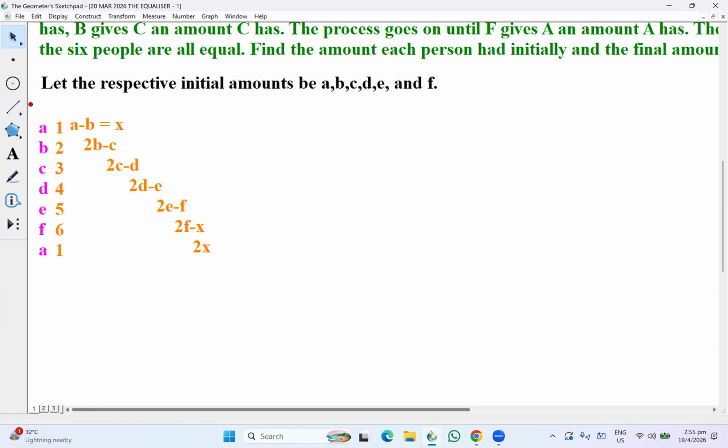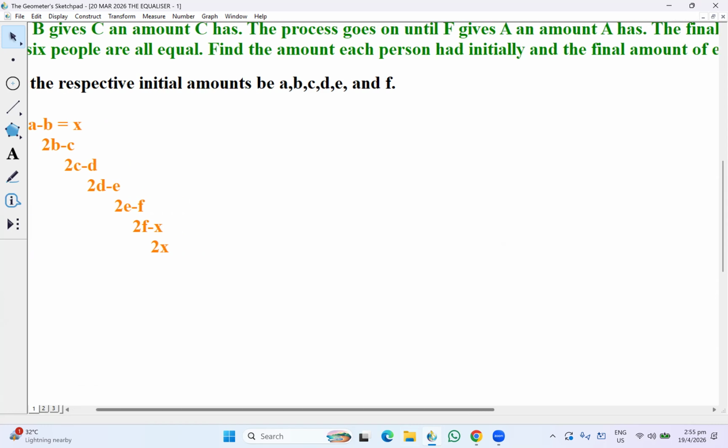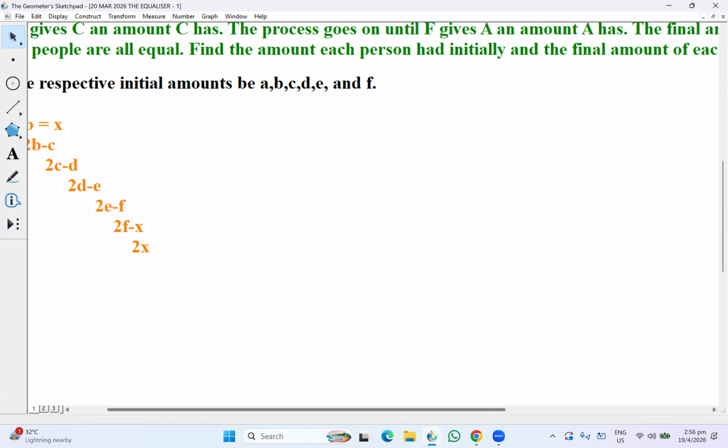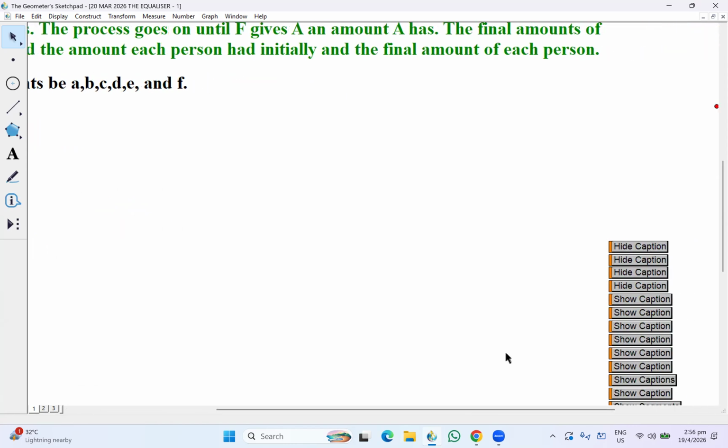So how to solve? If we solve, you get A, B, C, D, E, F, 6 unknowns, and X. So too many unknowns. When you have too many unknowns, what is the method to solve? Okay. We need an anchor variable.